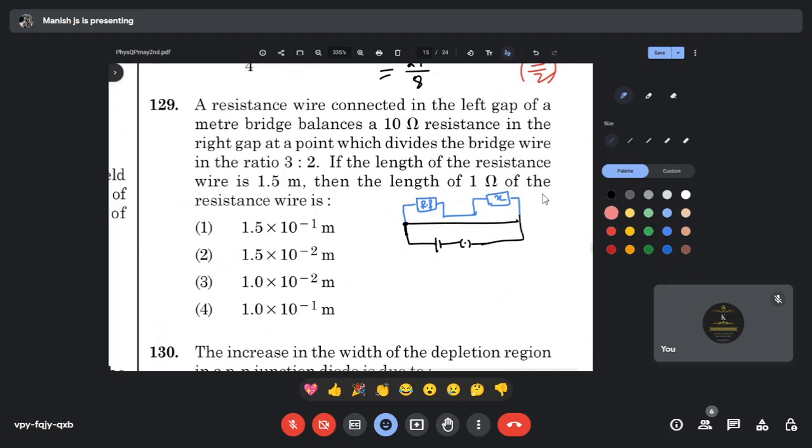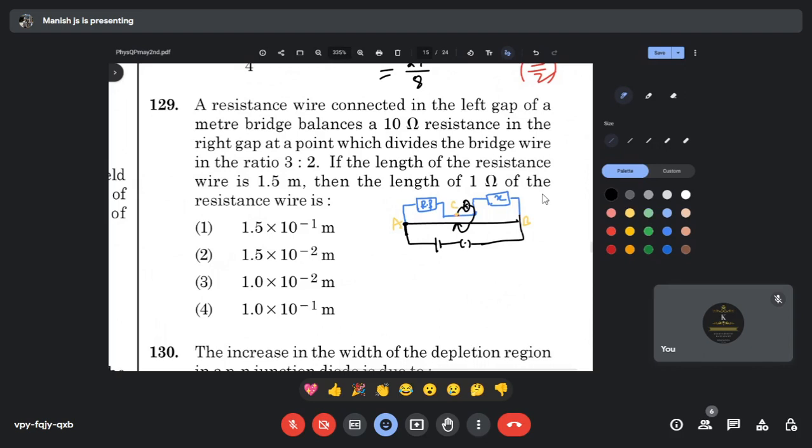The wire is of 1 meter length, and between your resistance box and your unknown resistance you have a galvanometer. To this galvanometer you have a jockey, and this is how the circuit looks. So we can name it as A, B, and this center part as C.